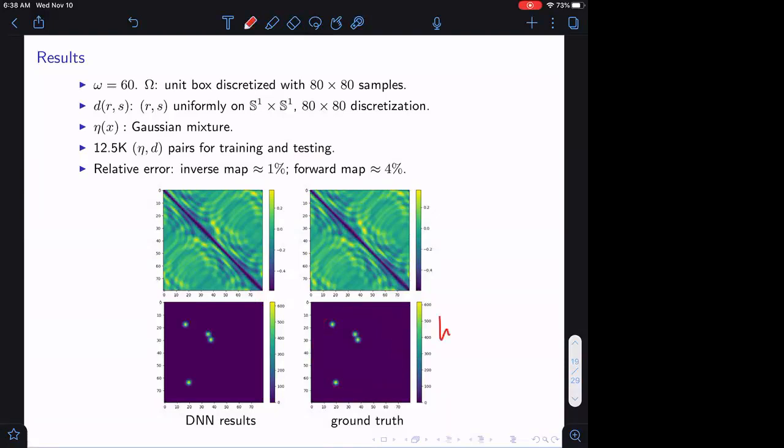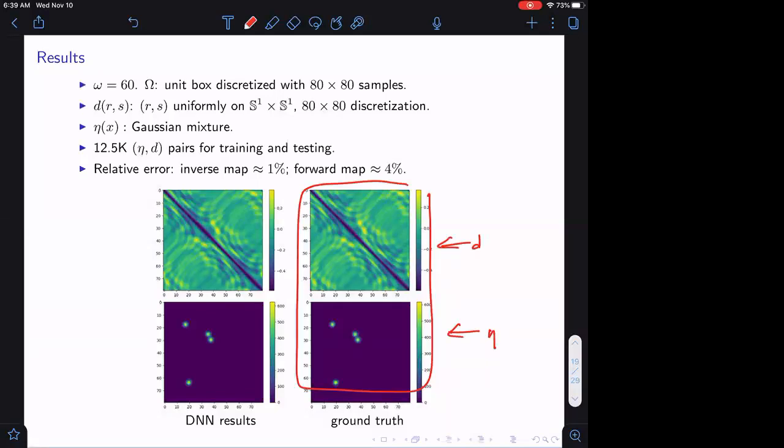So this is already the testing stage. The training data pairs look like this: you have the media eta and you have the data D. I use that to train the neural network.